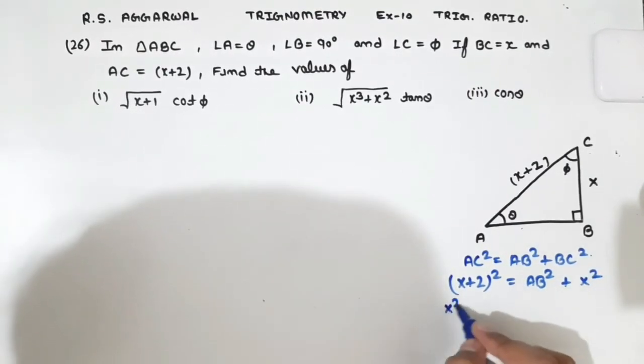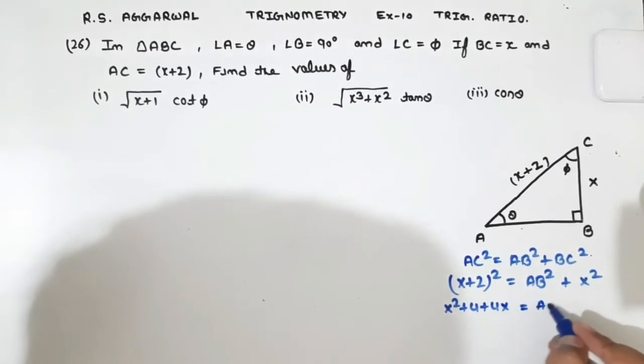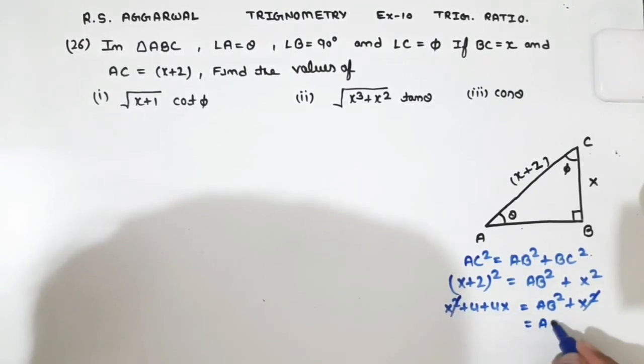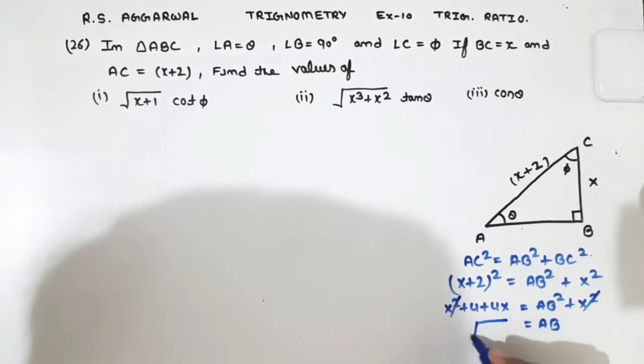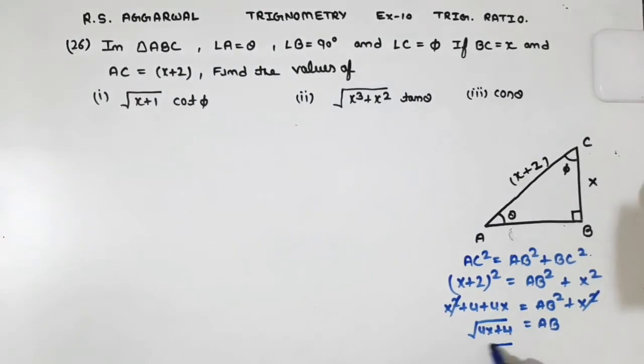So this will be x square plus 4 plus 4x equals AB square plus x square. X square will be cancelled out. So from here AB will be under root 4x plus 4. So from here 4 is common. This will be x plus 1.